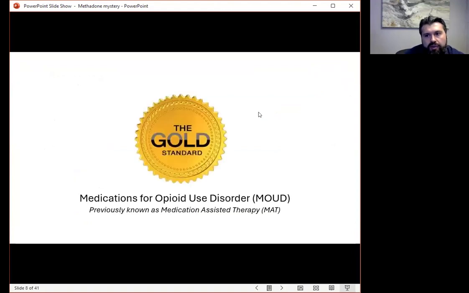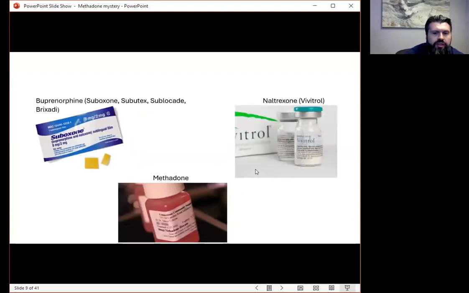Preaching to the choir here, but MOUD, or medications for opioid use disorder, are really the gold standard for therapy for opiate use disorder. And I think we're all familiar with these 3 different forms of MOUD: buprenorphine and its different brand name and generic formulations, as well as naltrexone and Vivitrol. But there is another one on this list that we often don't talk too much about, and that's methadone.